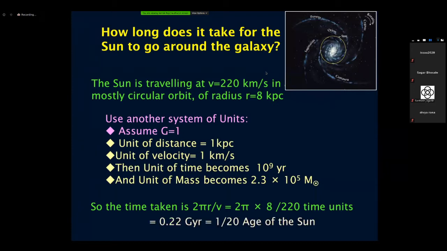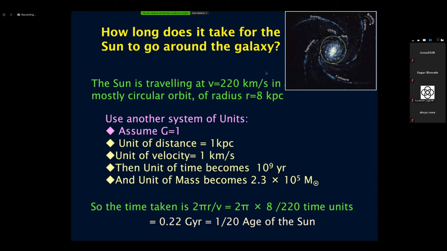That gives you about 1/5 of a gigayear, and as I told you, 4.5 gigayears is the age of the sun, so that's a little less than 20 times.